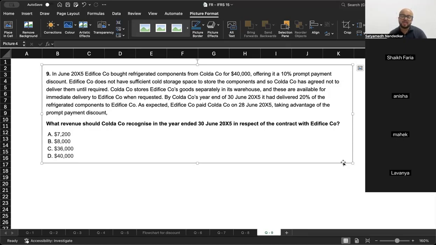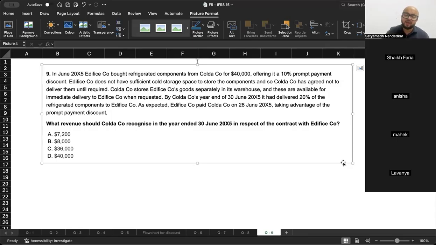Kolda Company stores Edifice Company's goods separately in the warehouse, and these are available for immediate delivery to Edifice when requested. By Kolda Company's year end of 30th June, it had delivered 20% of the refrigerated components to Edifice Company. As expected, Edifice Company paid Kolda Company on 28th of June, taking advantage of the prompt payment discount.